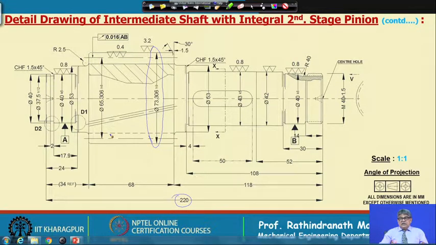75 millimeter EN 19, this bar is available in the market. So, buy a piece of 220, no, you have to buy a little larger, maybe 230 or 240, maximum you can say 10 inches, 250 millimeter.